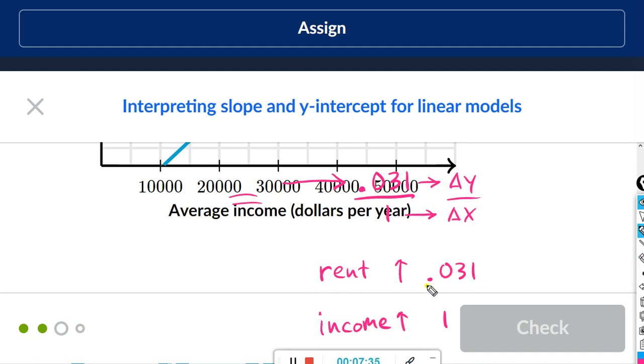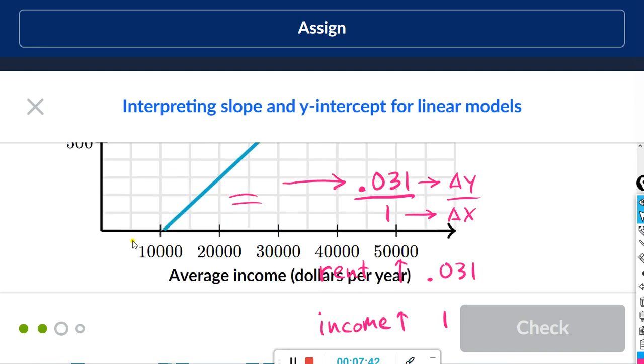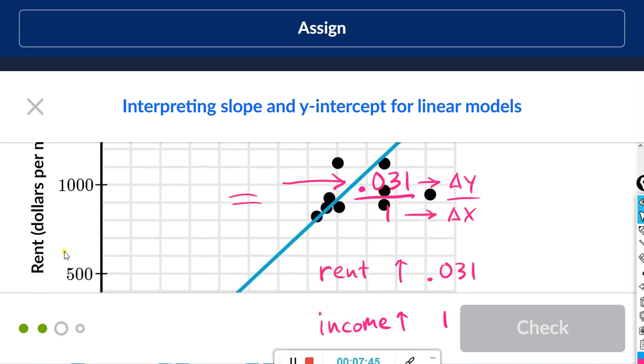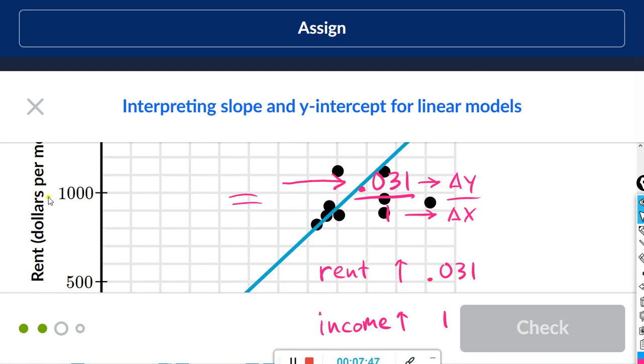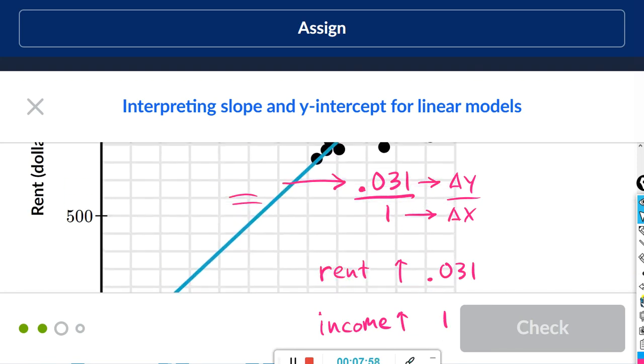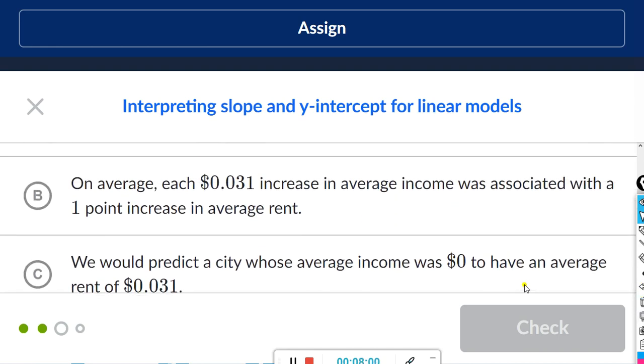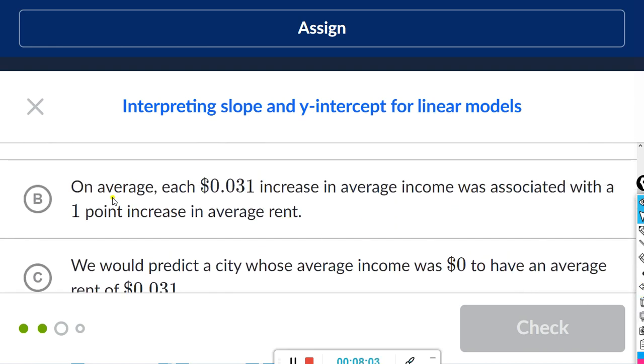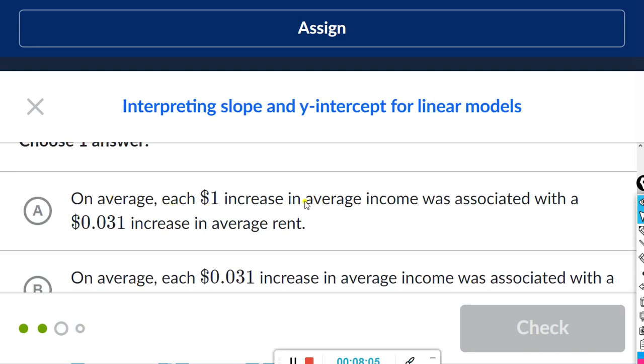So rent goes up by 0.031 when the income goes up by 1. The rent is just in dollars, I wanted to make sure it wasn't in thousands of dollars. Let's find that one. Each dollar increase in income was associated with a 0.031 increase in rent. That was it.